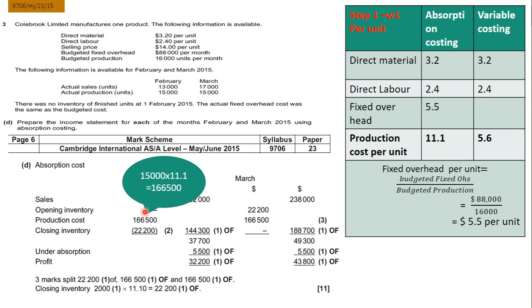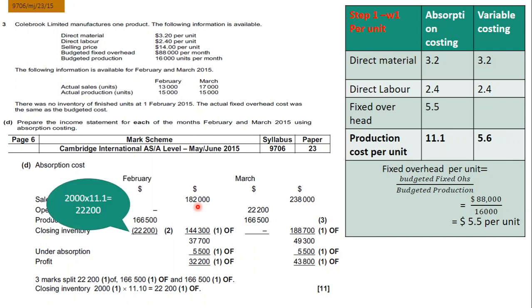There is no opening stock in the first year, remember. And then production cost. Production was 15,000 into 11.1. If you multiply, you get this. There was a closing inventory. So closing inventory was your 2,000 into 11.1. That's how you get your answer. The production cost, closing stock 2,000. How did closing stock come to 2,000? Look here.